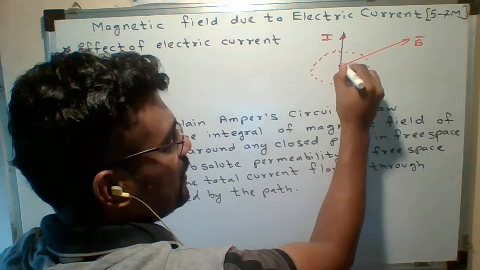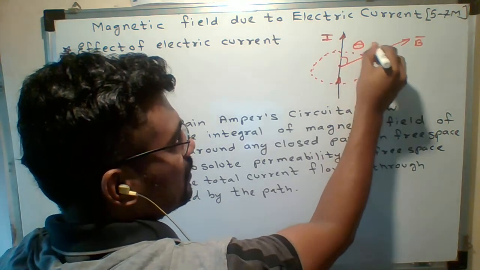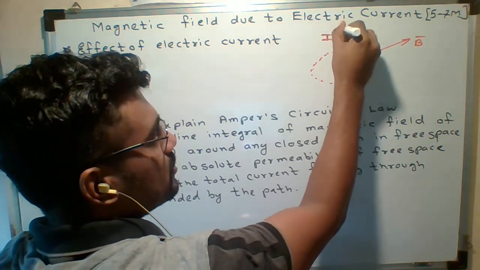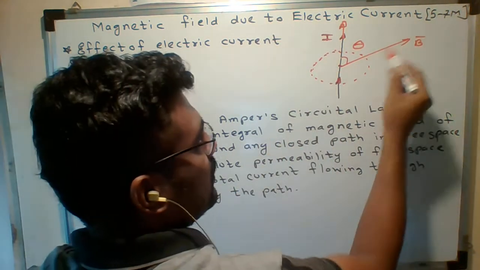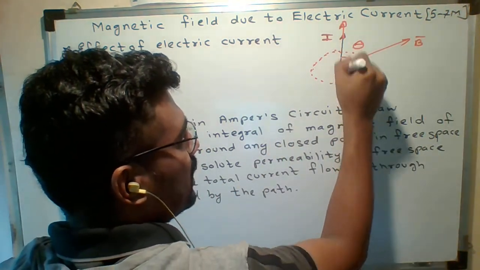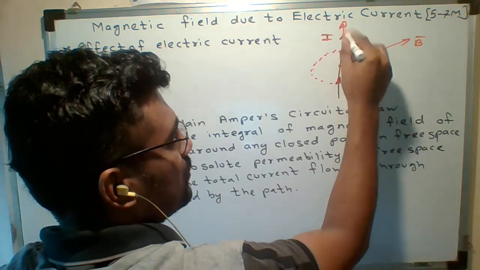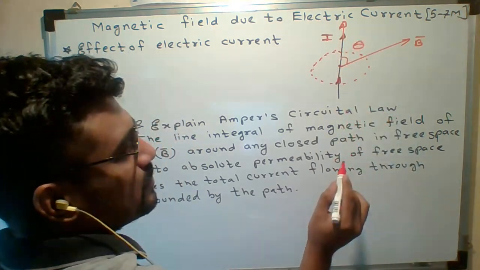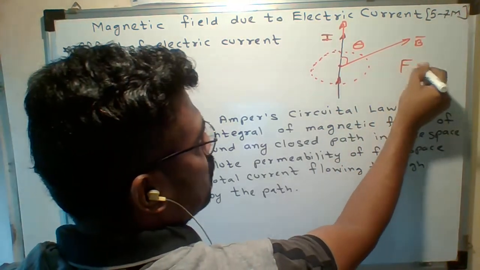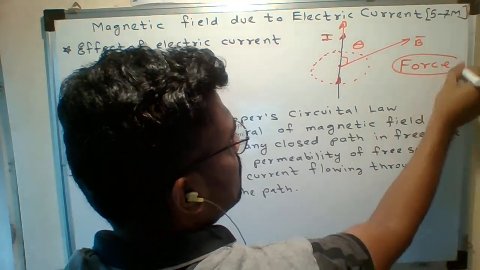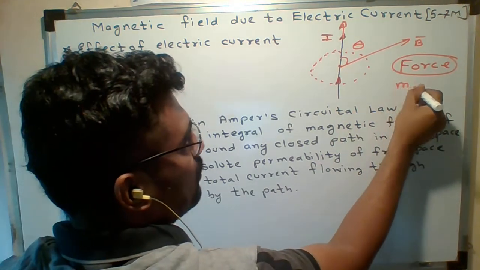Suppose the magnetic field makes an angle of theta with the direction of current, that is, with the length of the wire. This particular length. Due to this magnetic field, a force is induced, and that force is called magnetic force.